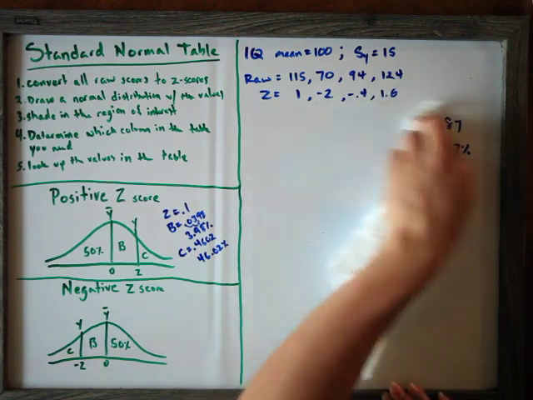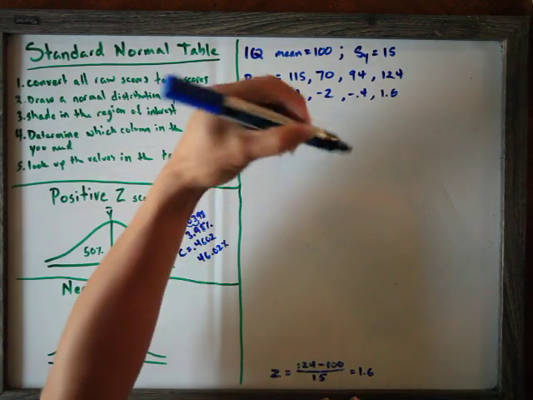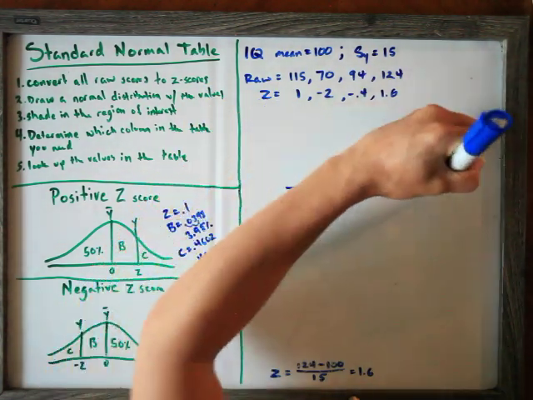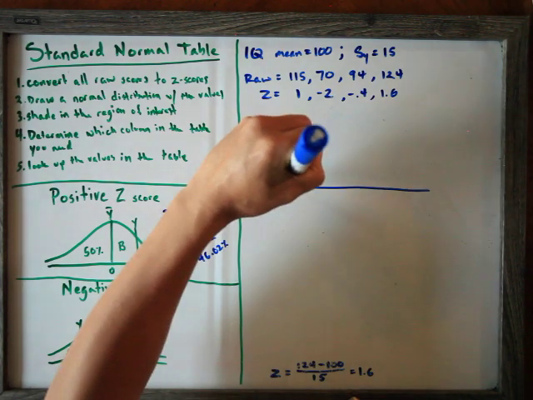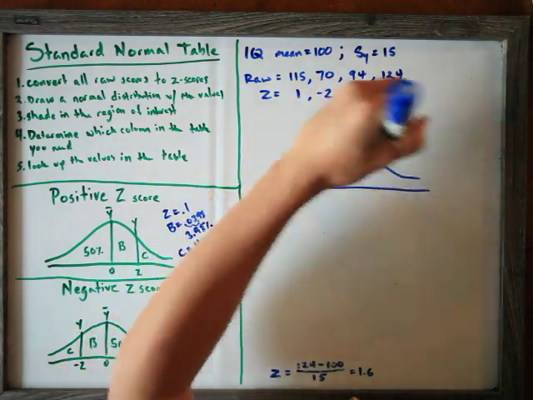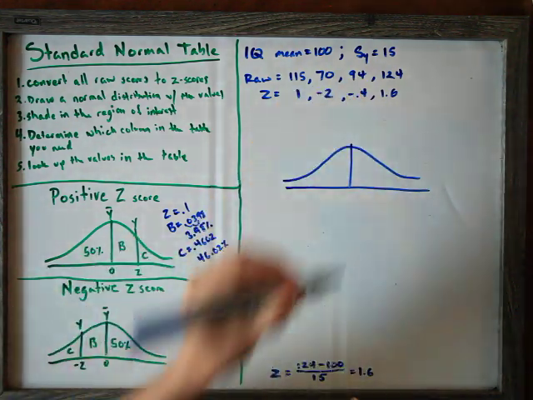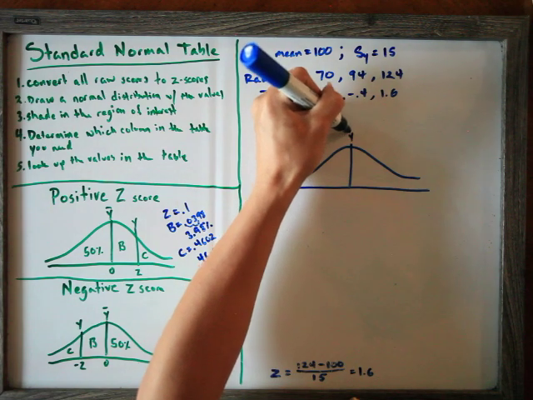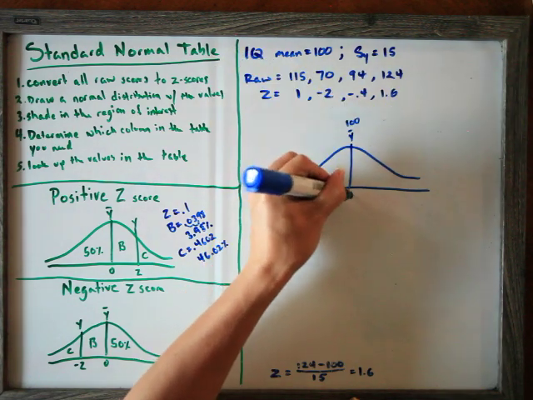So let's do how many people scored lower than 70 as their IQ. We do the same thing. We draw a little illustration. We label the middle y bar. It has a mean of 100 and a z-score of 0.